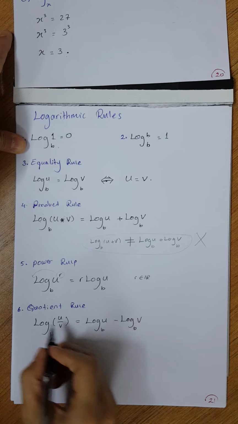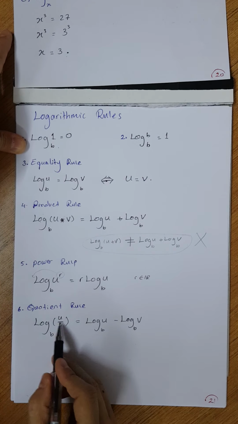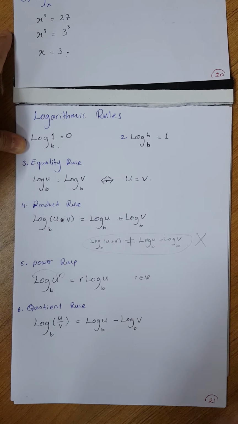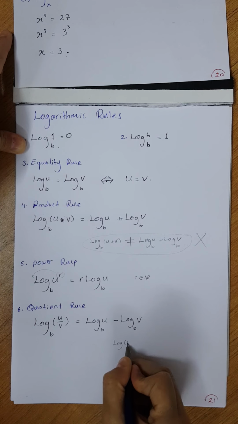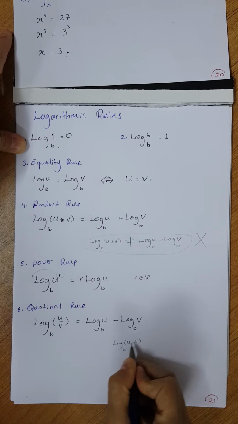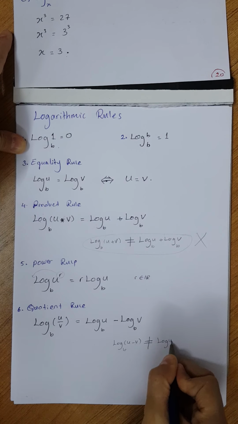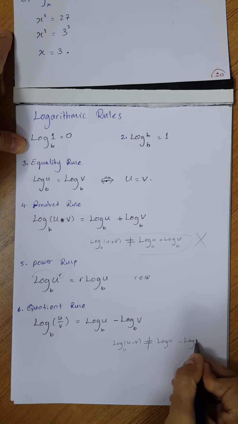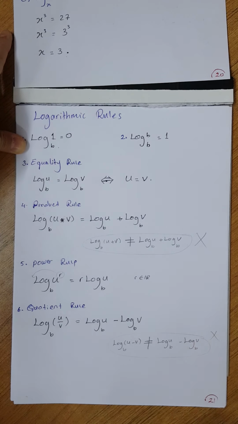So multiplication changes to addition and division changes to subtraction. But again, I do not have any rule that separates negatives. Logarithm of u minus v is never equal to logarithm of u minus logarithm of v with the base of b. Be careful of these common mistakes that students always make.